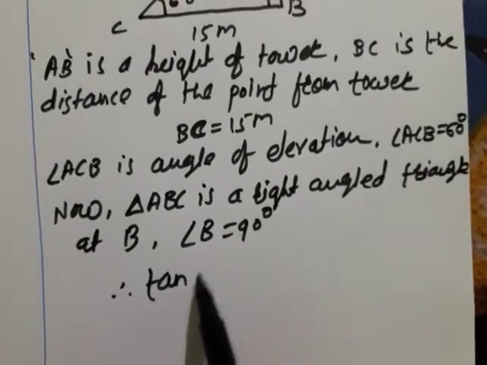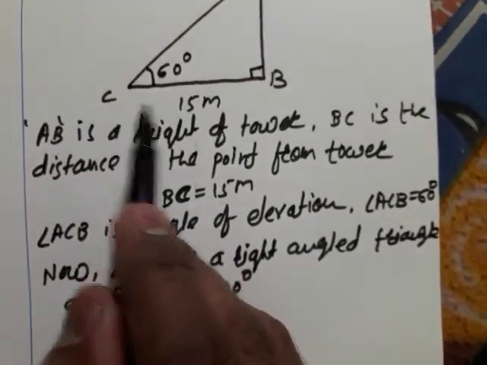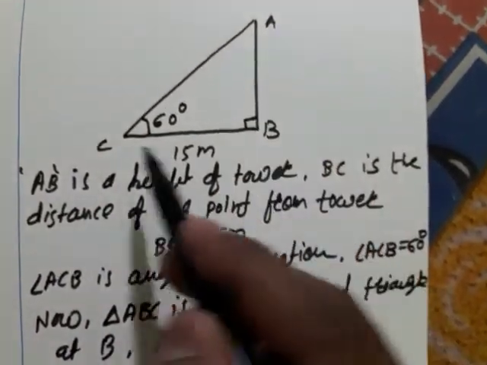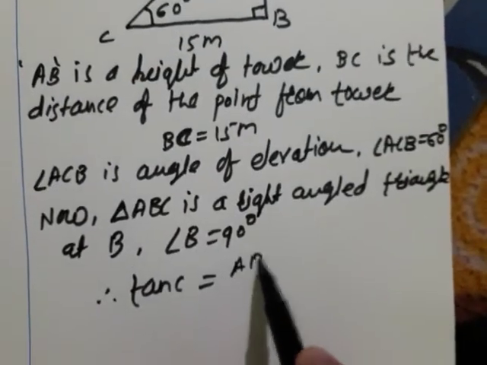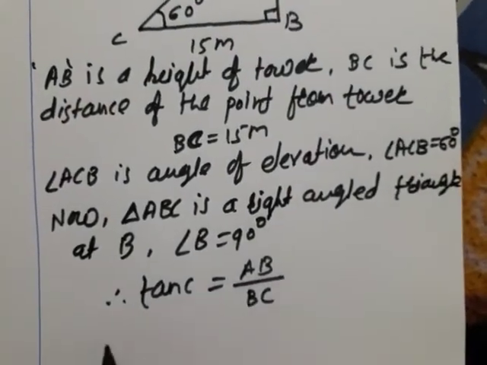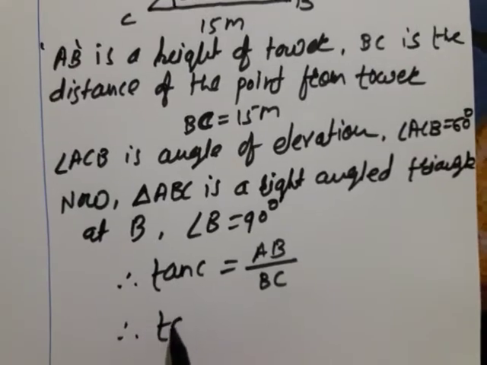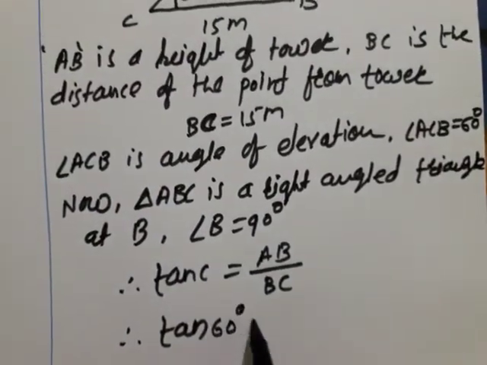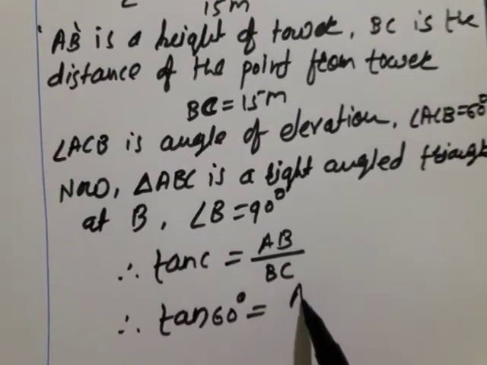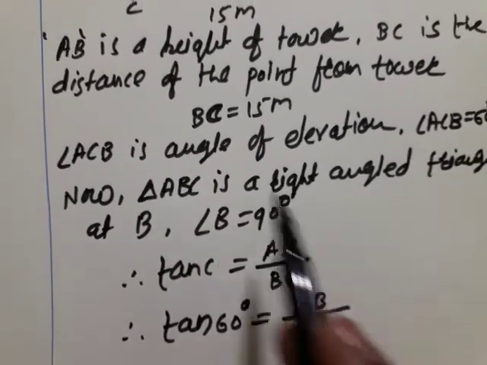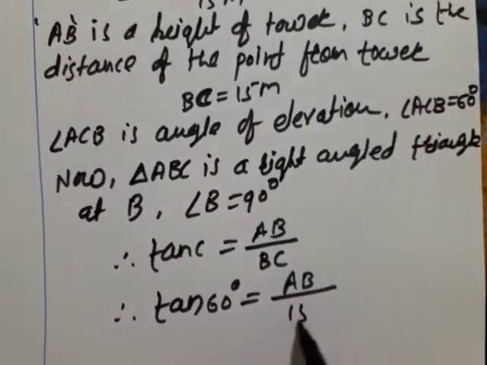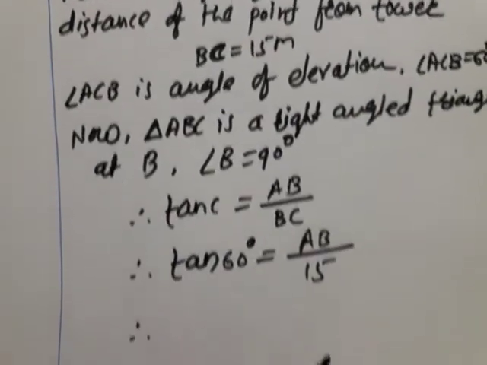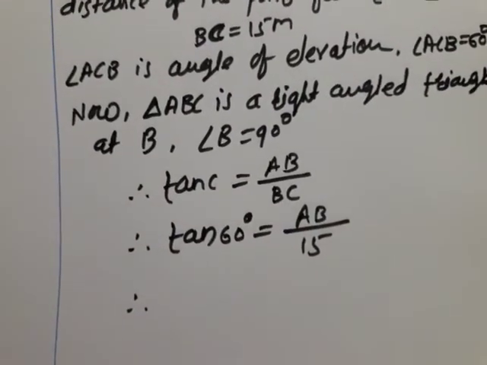Therefore, tan of C, means angle C is given, is equal to what? AB upon BC. Therefore, tan of C, angle C is given 60 degree, is equal to AB, we want to find out as it is, BC we know that very well, 15. Now look here, tan of 60 degree.